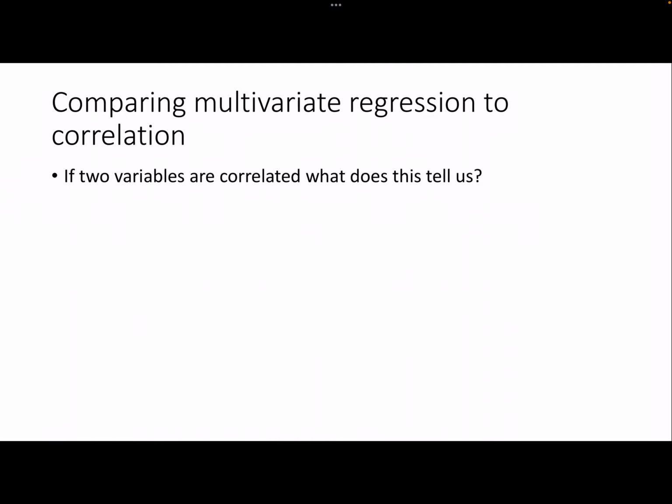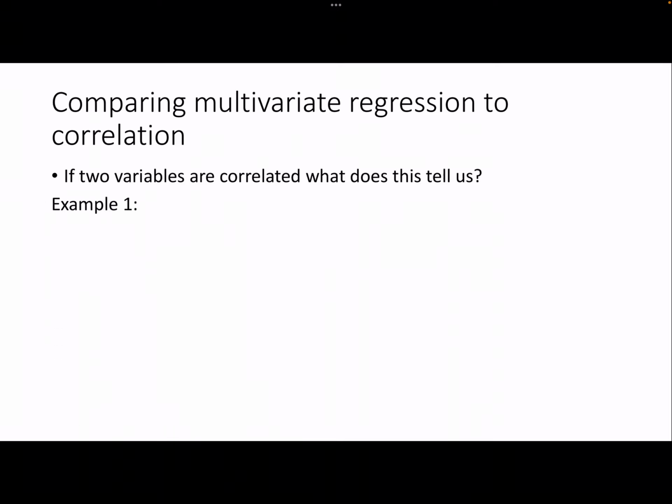If they're positively correlated, very roughly and non-technically, on average, if one is high, the other one is high, and if one is low, the other one is low. There's no directionality to this. If they're negatively correlated, when one is high on average, the other one is low, and when the first one is low on average, the other one is high. It really has to do with how far from the mean and things like that. But that's a good first step, and that's what most people think about.